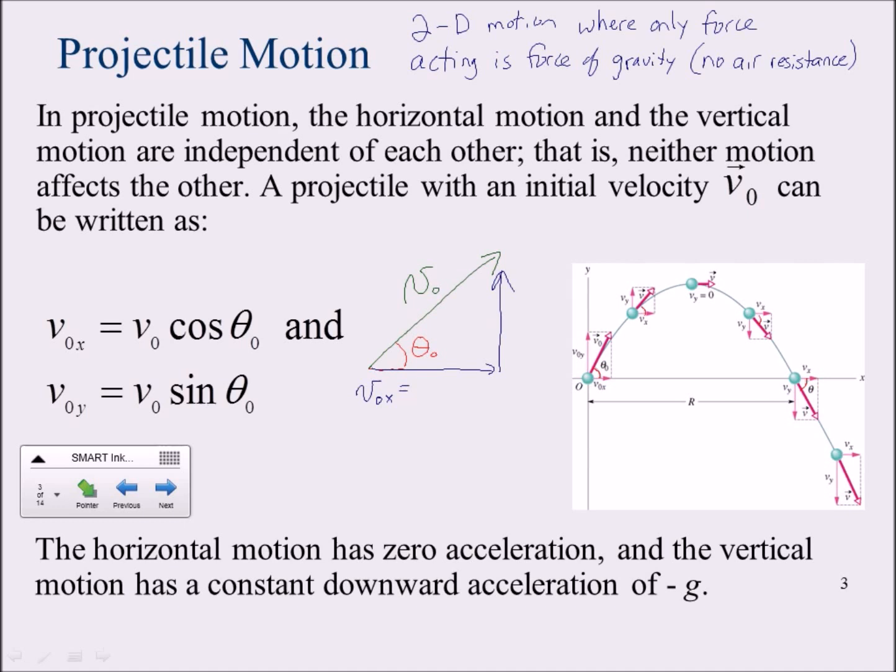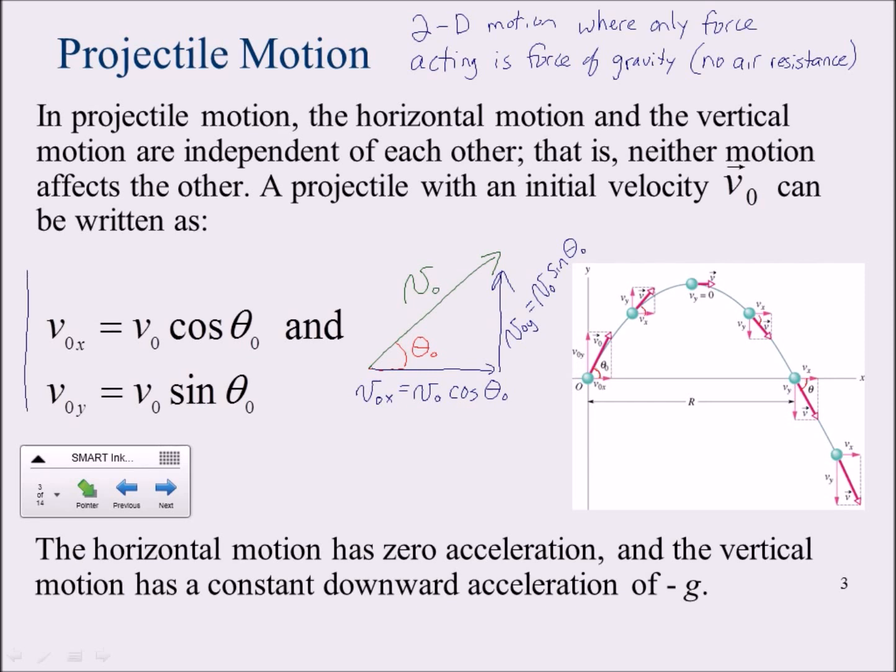Cosine is adjacent over hypotenuse, so v0x is going to be that initial velocity v0 times the cosine of that angle theta sub 0. And this y component, v0y, that's the side opposite theta 0. Sine is opposite over hypotenuse, so v0y is the initial velocity v0 times the sine of theta 0.